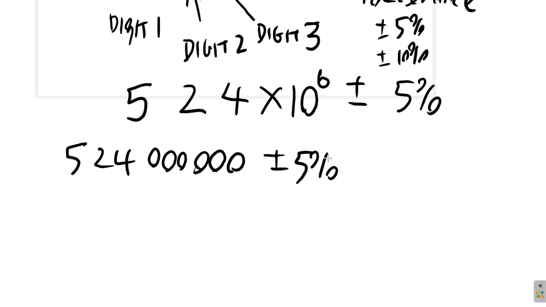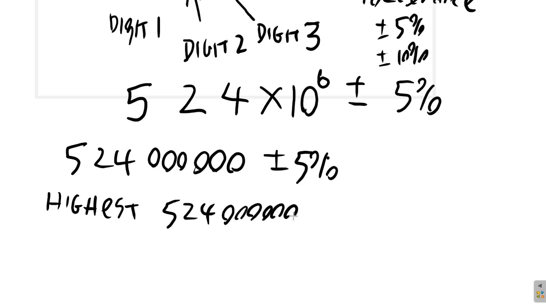Now, plus or minus 5% means you have a range of values within which the resistance will lie. And the highest value it should be is 524 million plus 5% of that.